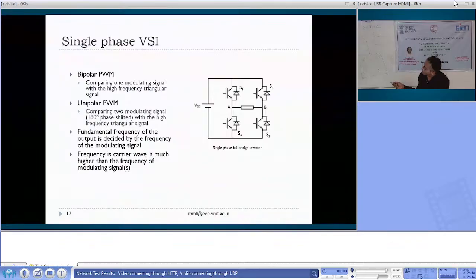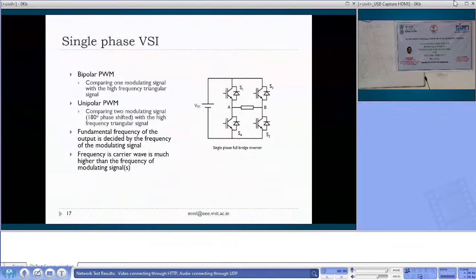When S3 and S4 are on, VAB is minus VDC. So here VAB varies between plus VDC and minus VDC.